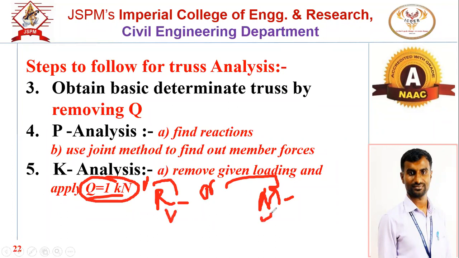Now tell me, जर तुम्हाला समजलं असेल तर याचा आन्सर देता येईल. So if I apply the unit load in K analysis in place of reaction, the truss will be internally indeterminate or externally indeterminate. परत एकदा सांगतो क्वेश्चन.